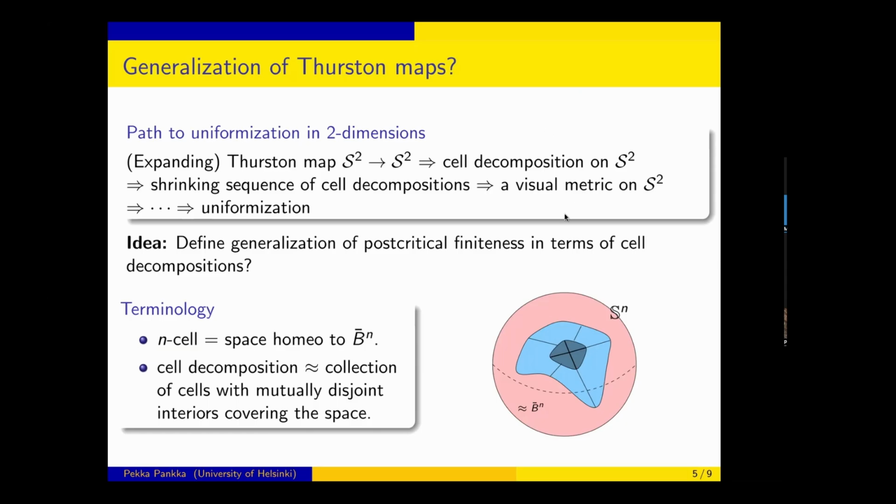But as in the picture, these cells don't form a complex, in the sense that if you have here this red cell, which I'm drawing to say that it is homeomorphic to the closed n-ball, now you have these blue cells inside, and the boundary between the red and blue consists of many 1-cells in this picture, so many line segments.